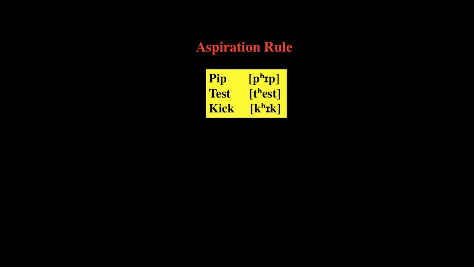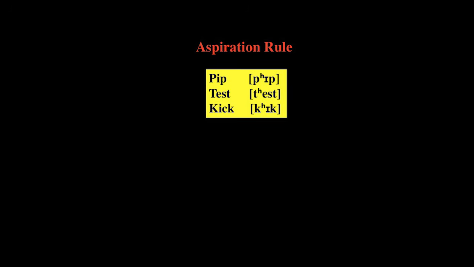Now, the pronunciation of p, t, k, which are voiceless stops, is actually changed to a very specific kind of pronunciation. As you can notice in the transcription, the sound appears as a superscript, as a secondary modification, imposed on the primary articulations of these voiceless stops.